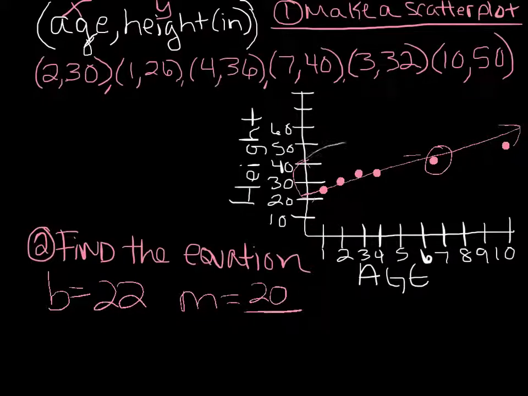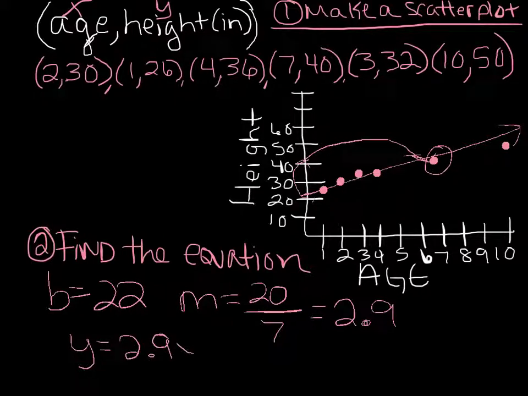Then my run, I'm going to go from 0 over to 7, so my run is 7. That means my slope, 20 divided by 7, is about 2.9. So my equation is y equals 2.9x plus 22. There is my equation.